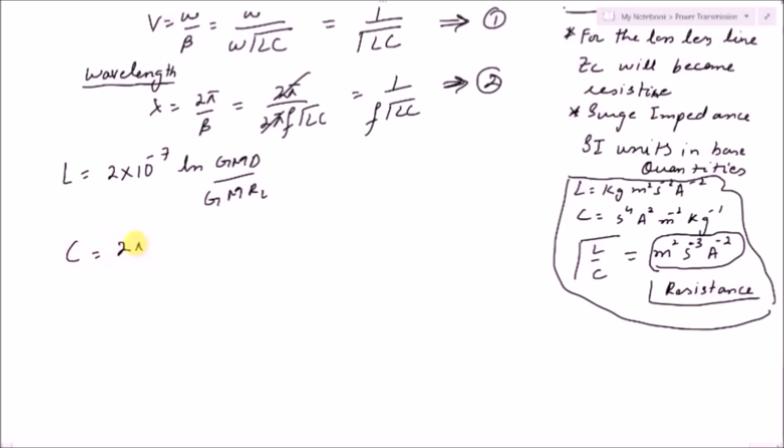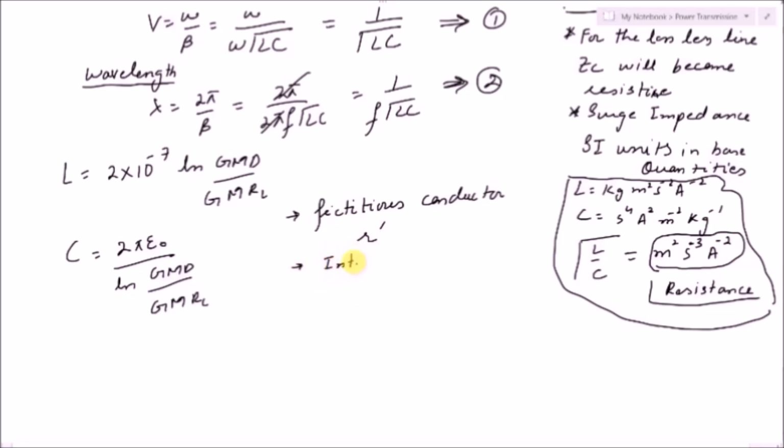It was 2 pi epsilon naught over ln GMD over GMRC. In the inductance part, we were considering the fictitious conductor. So because of that, we were not actually using the radius of the conductor. We were considering the radius that was R dash. That is because of the internal flux linkage.